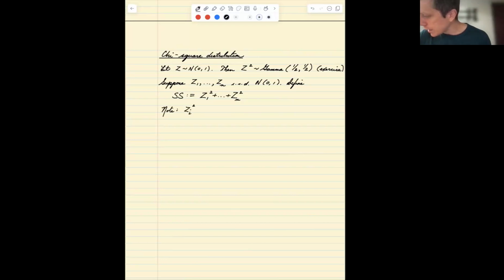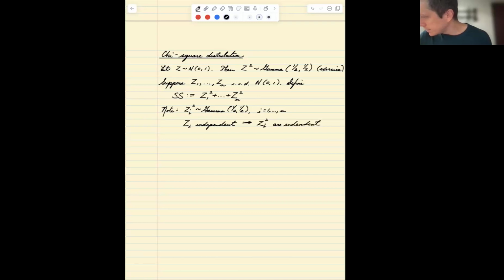So note Zi squared is gamma 1/2, 1/2 for each i, and the Zi's being independent means that the Zi squareds are also independent.